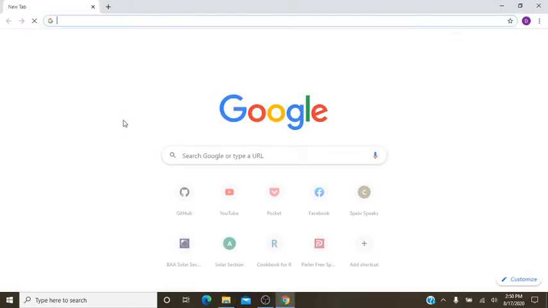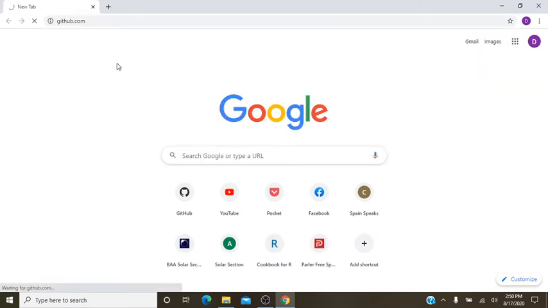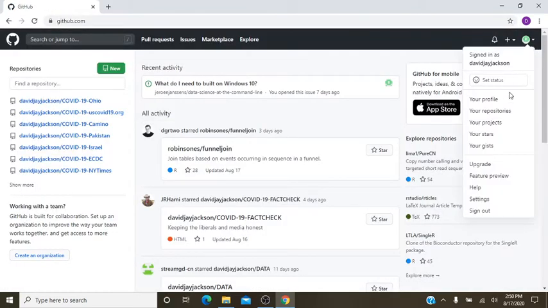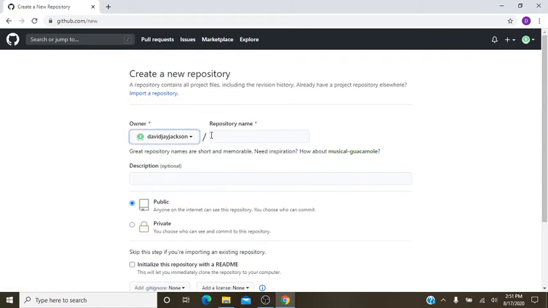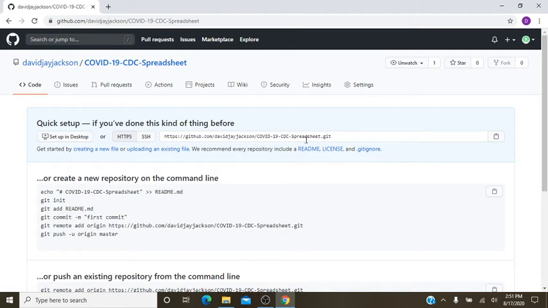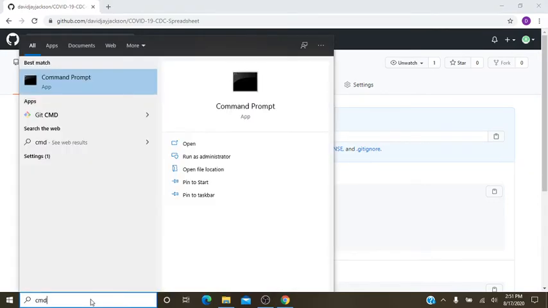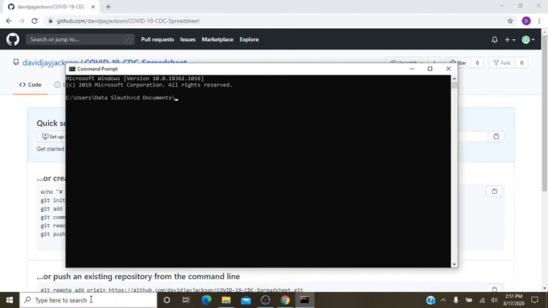There's one more thing I want to do before we get started. Let's create a new repo for our Excel work on GitHub. New. So there's our repository, and I'm going to put this under our account just for convenience.